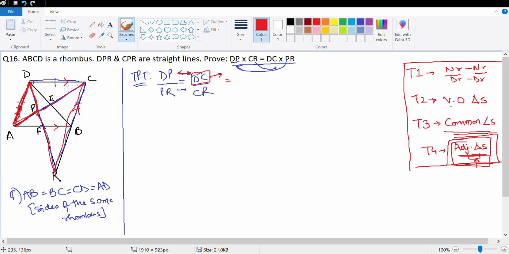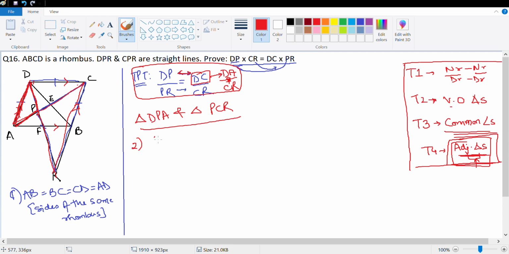So now I have triangle DPA, and I'm doing my calculation in my mind, or you can even write this. So now I need to look at DA upon CR. So I am looking at two triangles which are DPA and triangle PCR. Let's see if I can prove these two triangles similar.